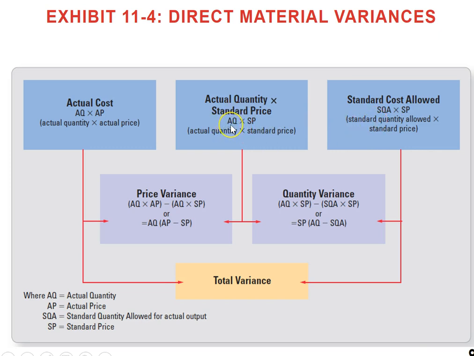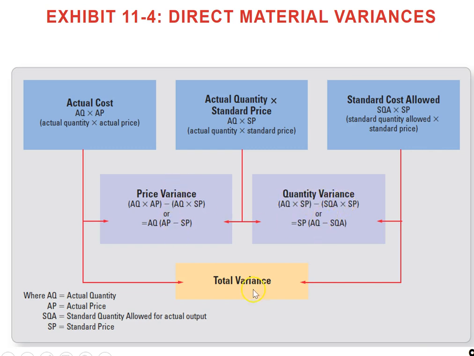In box 2 we are using actual quantity, and in box 3 we are using the standard quantity, and for both boxes 2 and 3 we are using a standard price. That means the main difference between box number 2 and box number 3 is the quantity. So the difference of this second and third box will be known as the quantity variance.